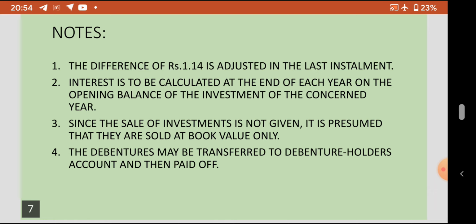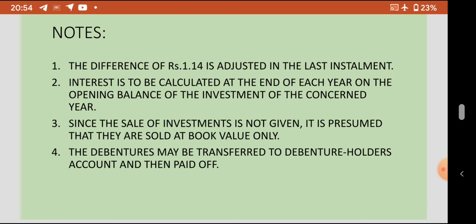The debentures may be transferred to the debenture holders and then paid off. We have prepared the two important ledger accounts, and you can have a look at the journal entries related to this method in the PPT or in the textbook, which will give you a clearer understanding of this method.